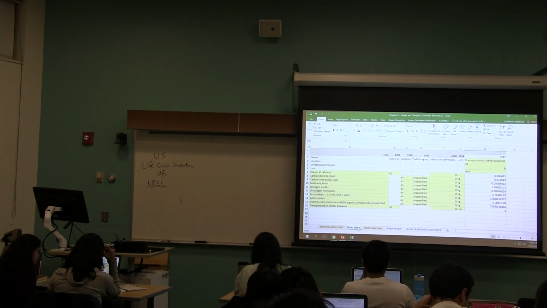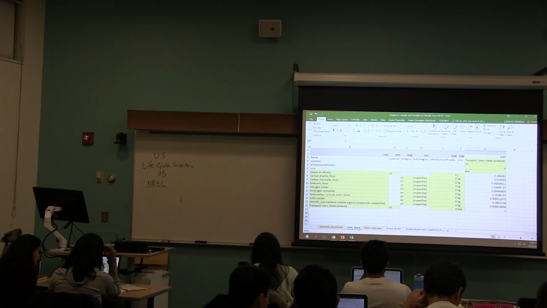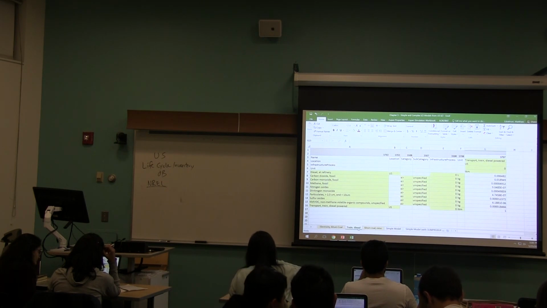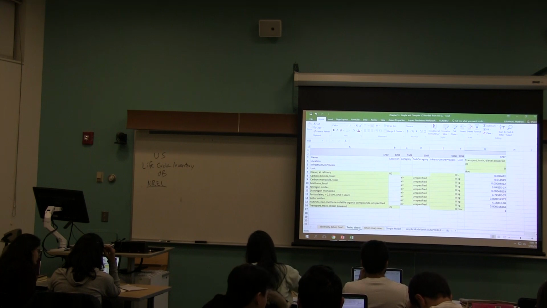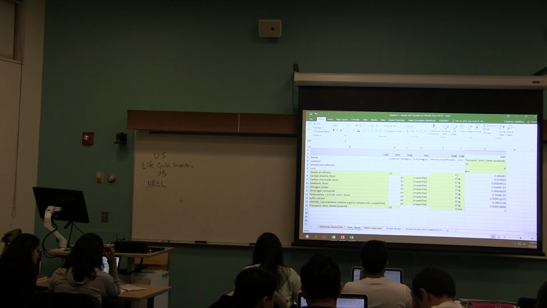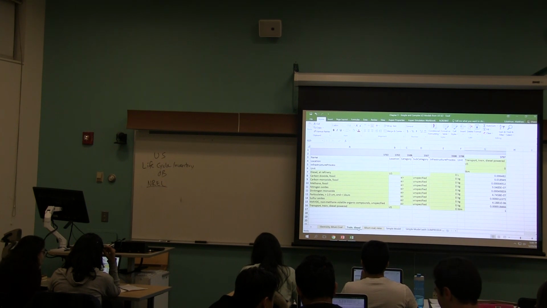And I need to transport some of it by truck, some of it by pipeline, some of it from a diesel-powered train. So this is like an average for coal-fired power plant coal, shipped from the mine where the coal comes from. And I need to actually get the coal itself from the mine. That's that quantity, 0.44 kilograms.